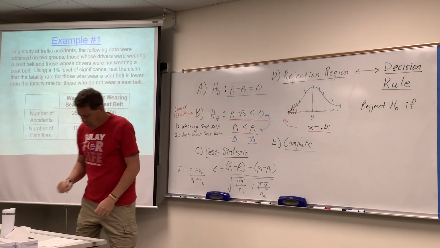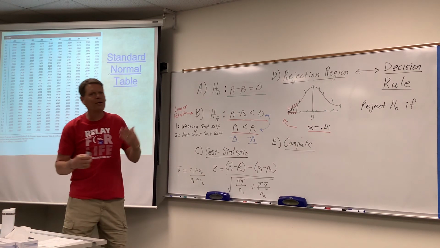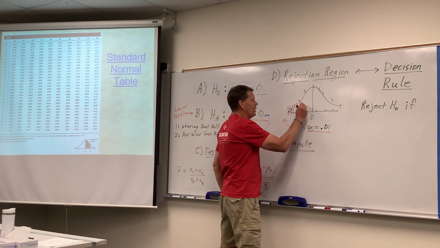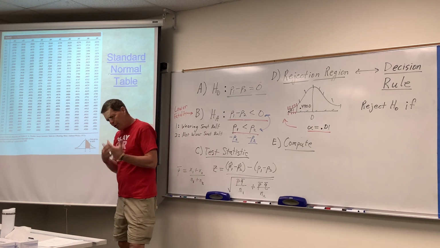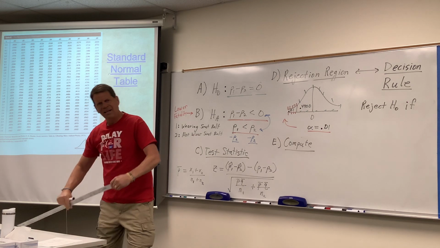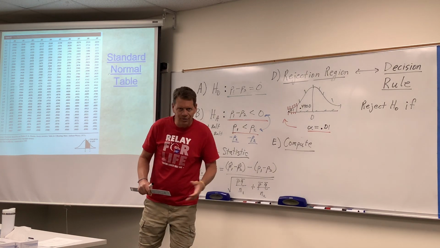All right, so the table wants the middle sliver. If the lower tail's 1%, the middle sliver needs to be 49%, right? This table always wants that middle sliver. There's other tables out there. This is the one I'm giving you. I don't want to give you 10 different tables and you have to figure out what table to use. When I used to do that, it was a disaster.